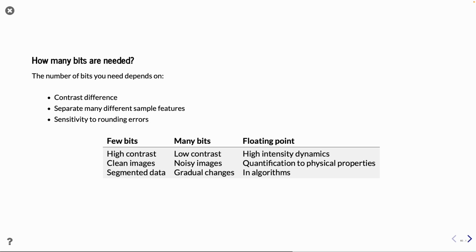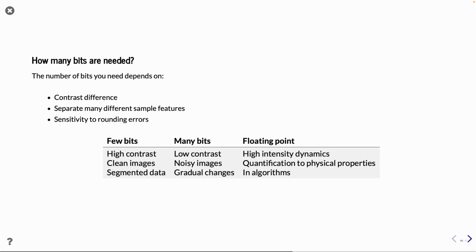So, how many bits? I talked already about bits and showed you some effects of it. And the question is how many you need, depending on the task. Few bits, say 4-bit and less, is usually when you have very high contrast data, very clean data, and could also be used for segmented data. Many bits, going from 8 and even up to 16-bit, is when you have low contrast.